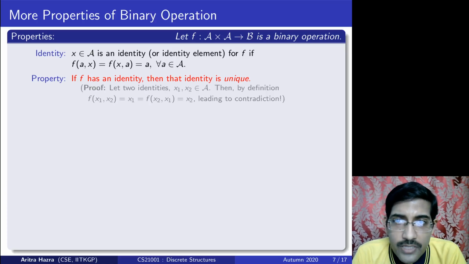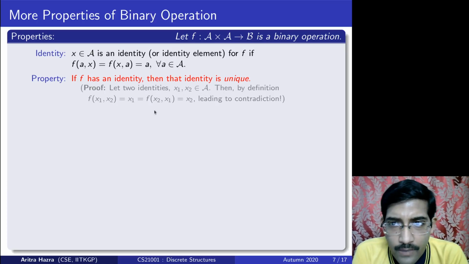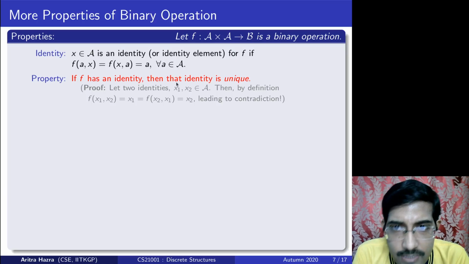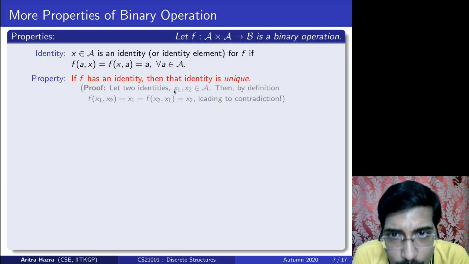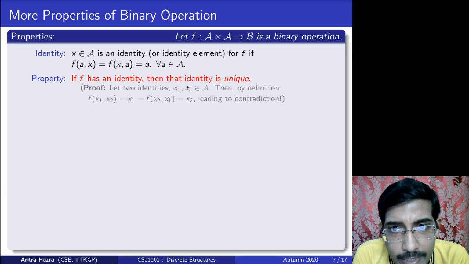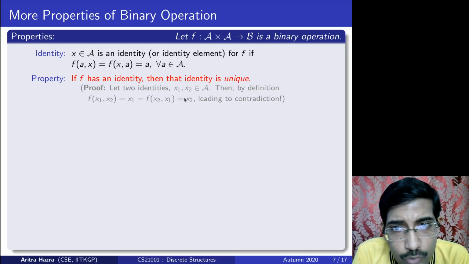This can be easily shown by contradiction. Let us say we have two elements x1, x2 belonging to A. By definition, if you choose x1 to be your identity, then it will operate on any element and produce that element as the answer. So f(x1, x2) will produce x2 as the answer.